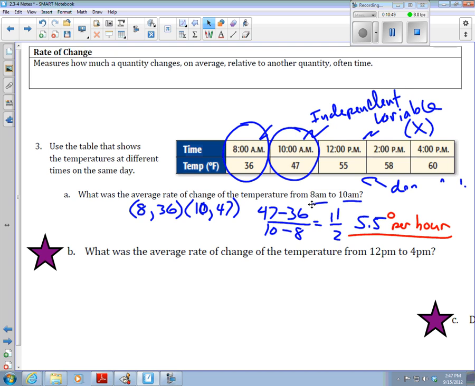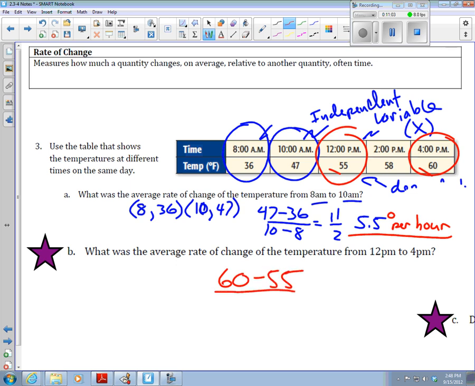What is the average rate of change of the temperature from 12 p.m. to 4 p.m.? Okay, 12 p.m. to 4 p.m. My y values are basically the 60 and the 55, so I'd say 60 minus 55 all over. Now 12 p.m. to 4 p.m., that's 4 hours. So you can't really say 4 minus 12.